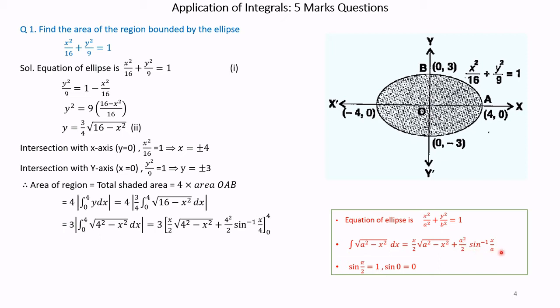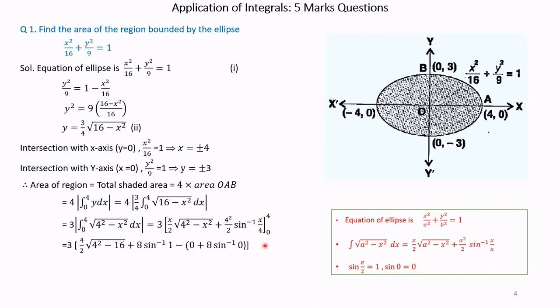So we have put the values here. Therefore, that is equal to 3 into x by 2 into square root of 4 square minus x square plus 4 square by 2 into sine inverse of x by 4, where the lower limit is 0 and upper limit is 4.